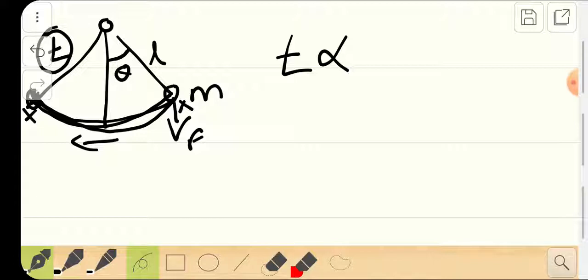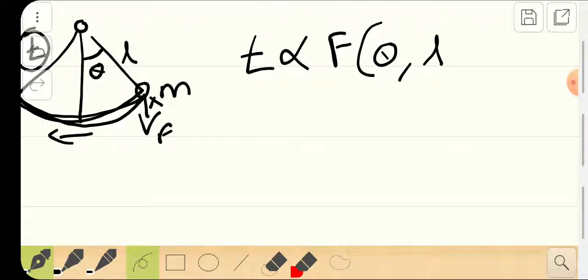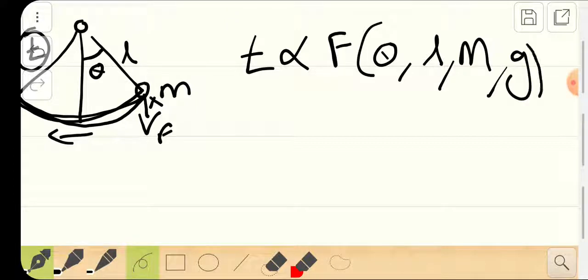So let's keep some function of theta. It would be some function of theta, L, M, and then there is the other thing, gravitational acceleration, right?